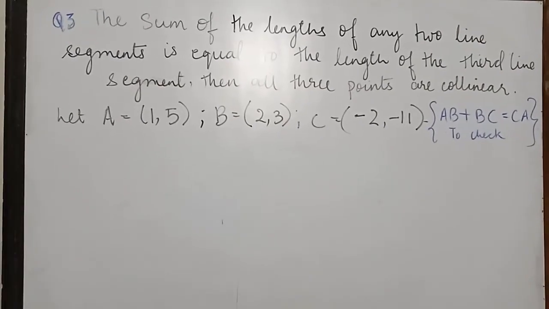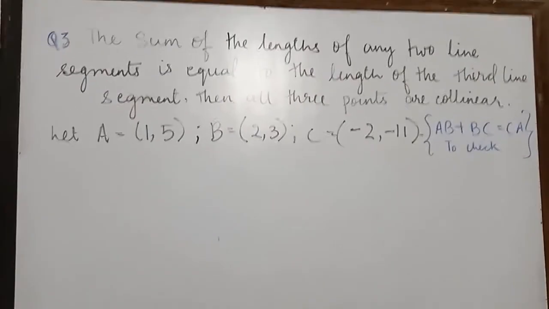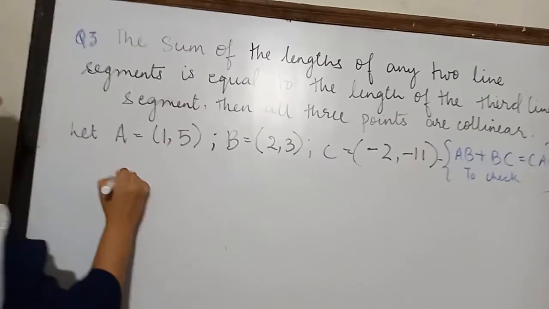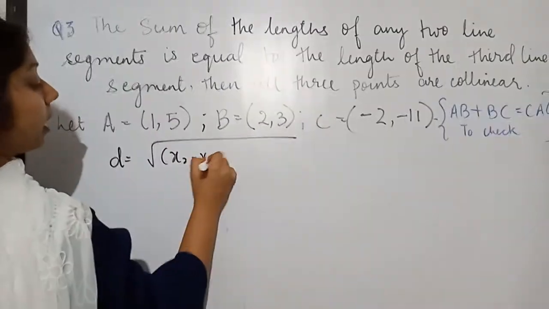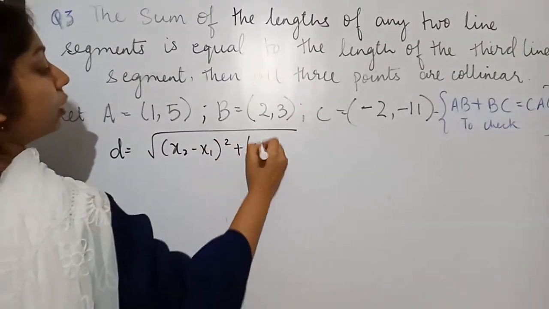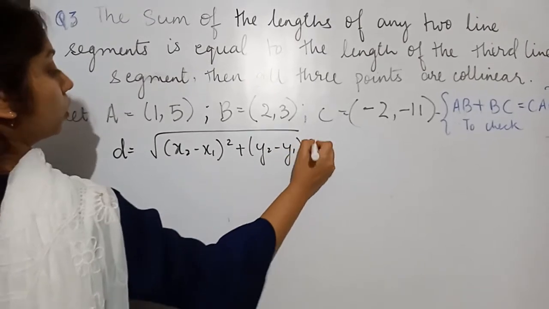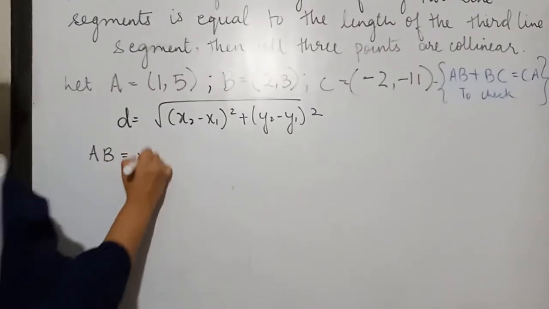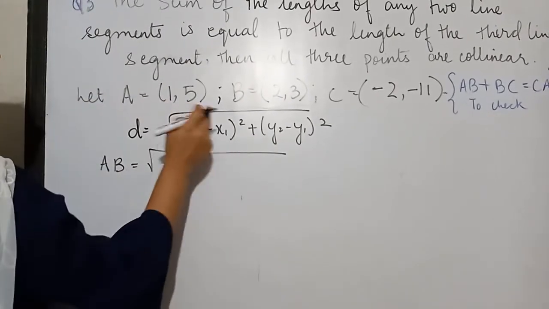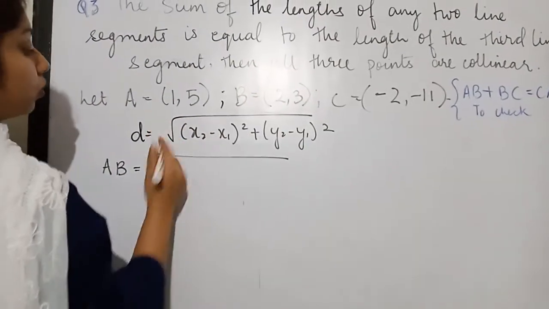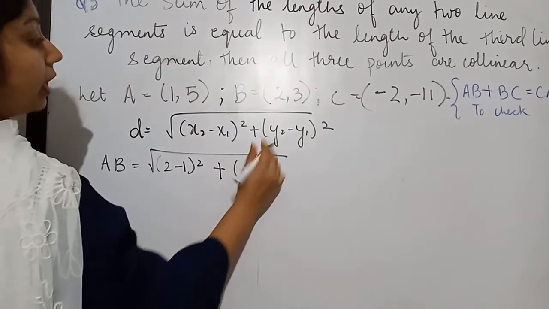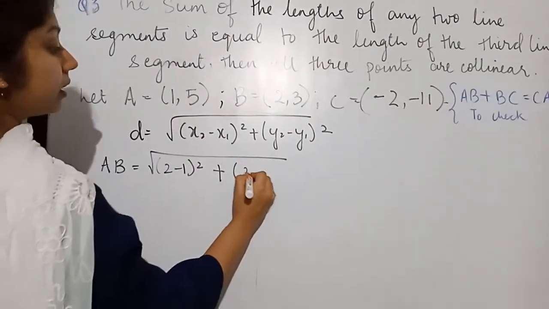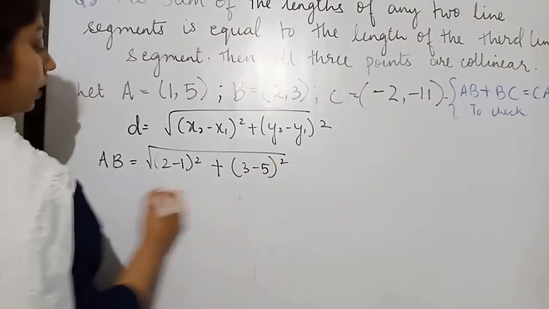Now let us find the distance of AB using the distance formula. So our distance formula is what? Whole under root of x2 minus x1 whole square plus y2 minus y1 whole square. Let us find out the distance between AB. Over here AB, x2 minus x1, that is 2 minus 1 whole square plus y2 minus y1, that is 3 minus 5 whole square.